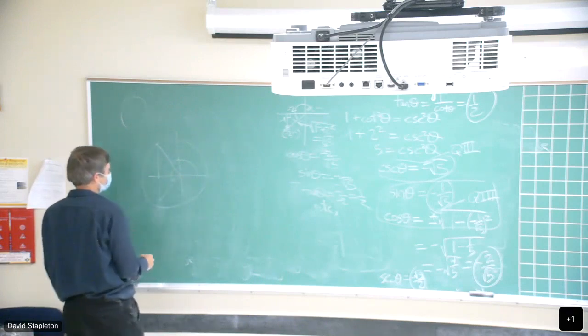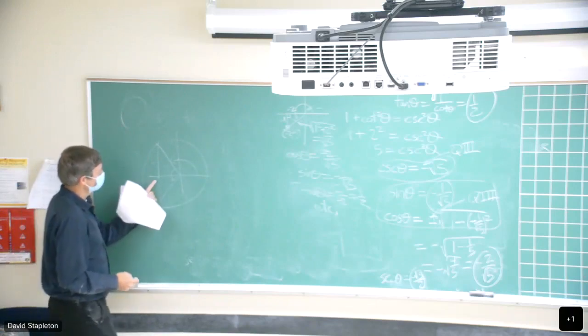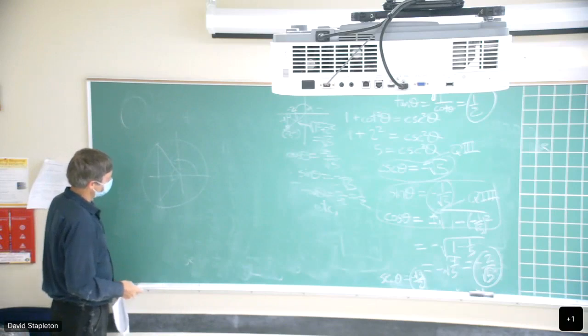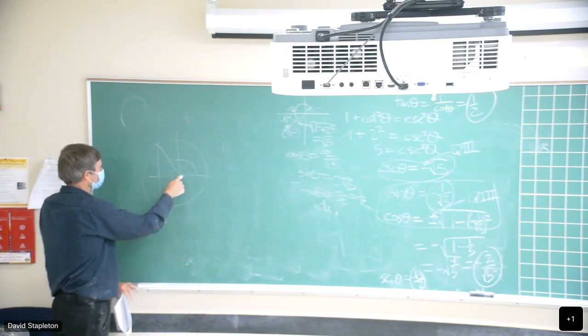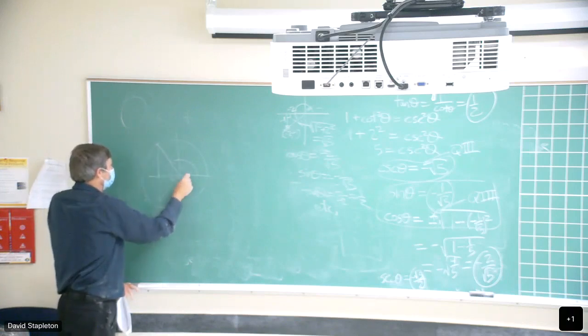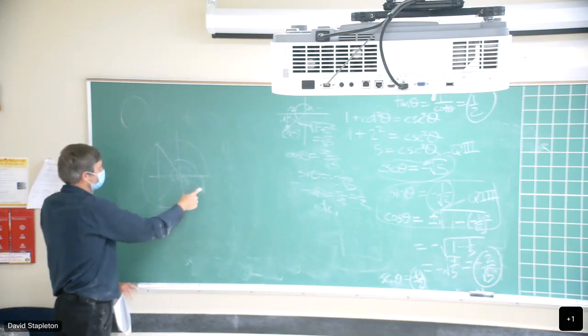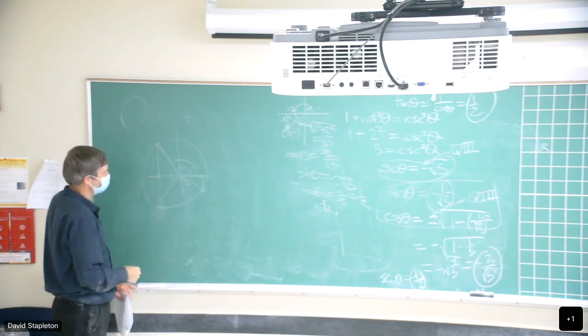So I just think of sine and cosine on the unit circle as the y and the x coordinates. But for cotangent and tangent, it's a ratio of two sides, and if one's positive and one's negative, you get a negative. So you get negative tangent and cotangent here, and also over here, you get one positive and one negative, so you get a negative. But over here where they're both negative, you get a positive tangent and cotangent.